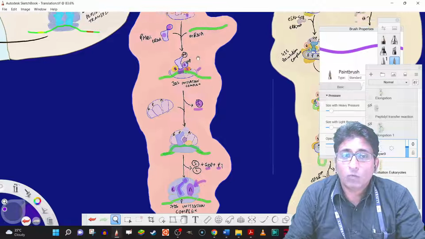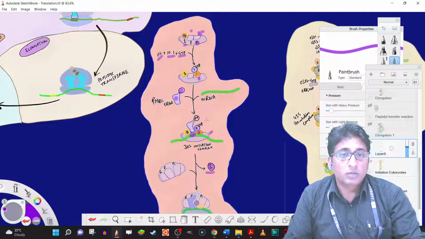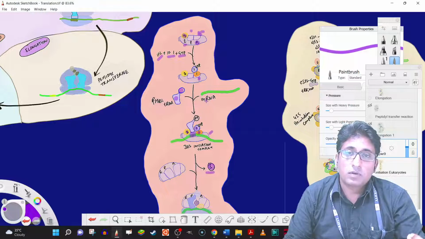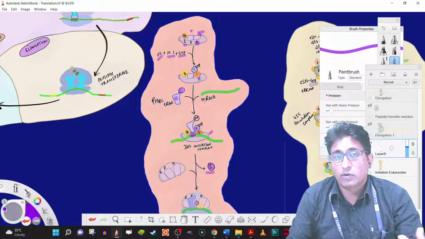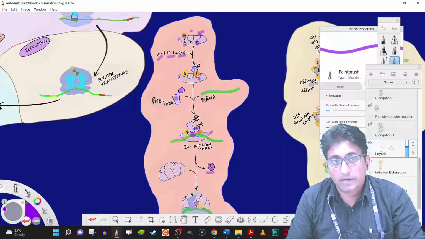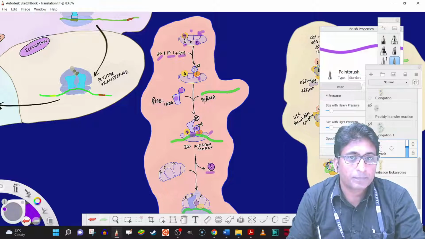So if we want to remember it, I would remember 1, 2, 3. The function of 3 is to block the large subunit from binding to the small subunit. 1 is to occupy the A site, so no tRNA comes in, and 2 is to bring the initiator tRNA.